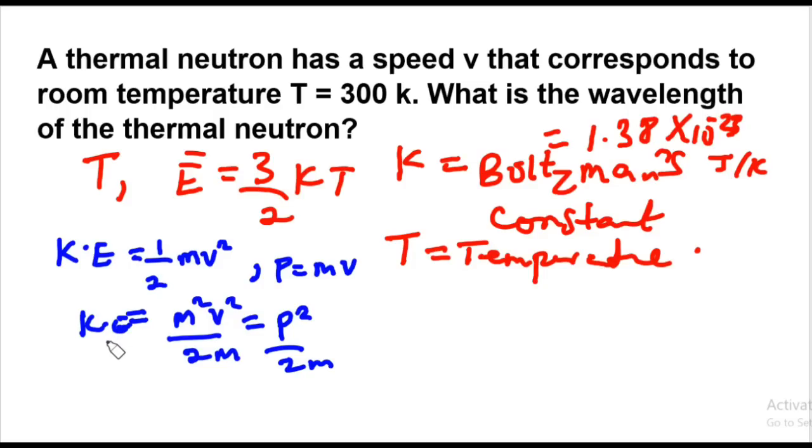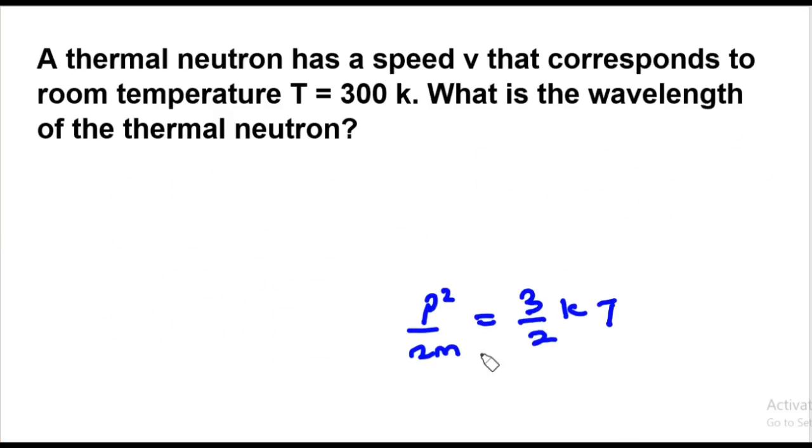We can now equate this kinetic energy to the energy at temperature T. If we do that, we have p squared upon 2m equals 3 upon 2 kT.